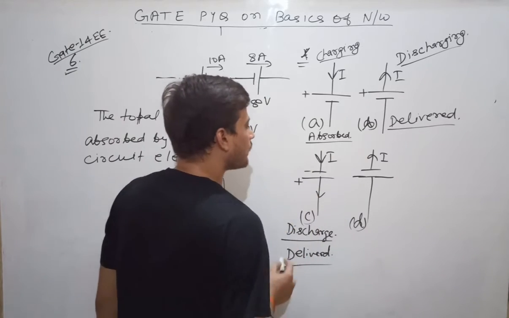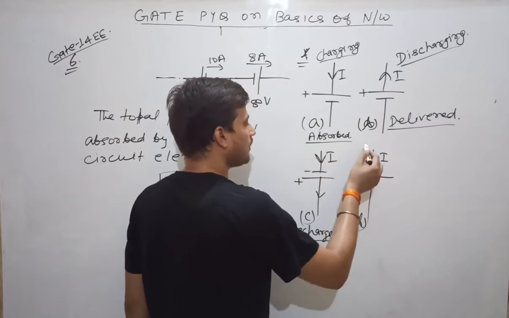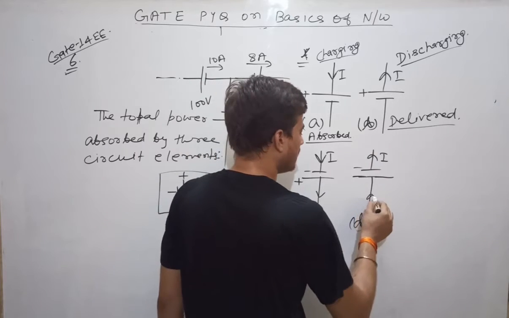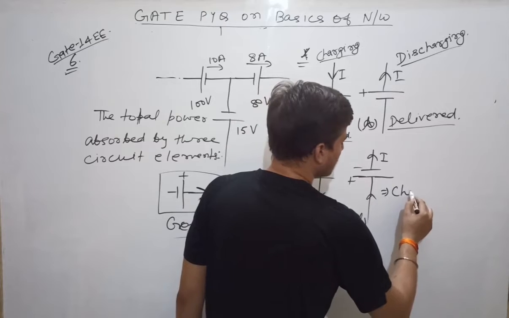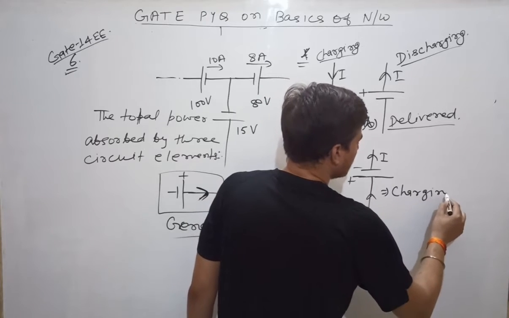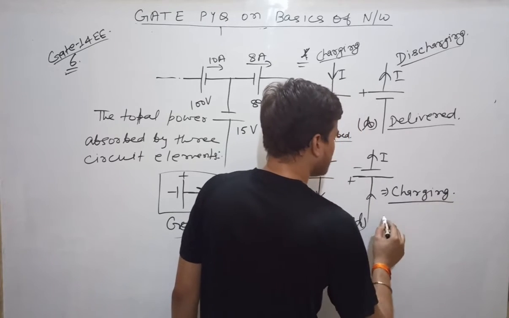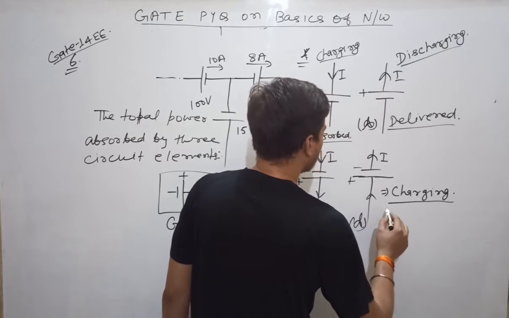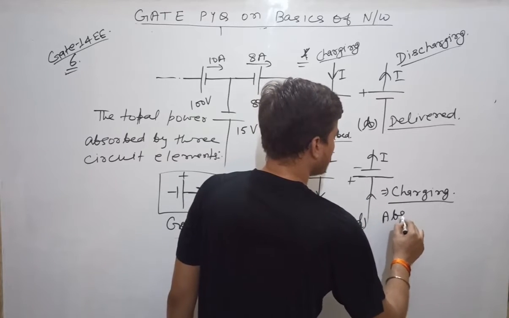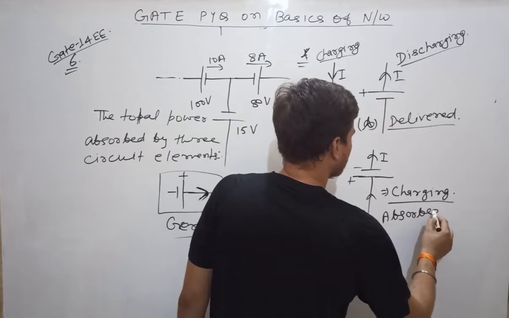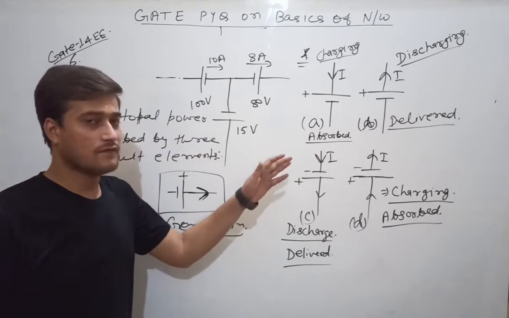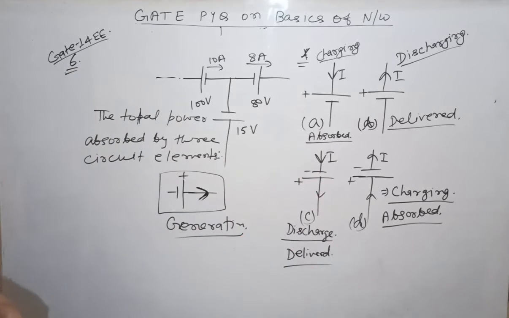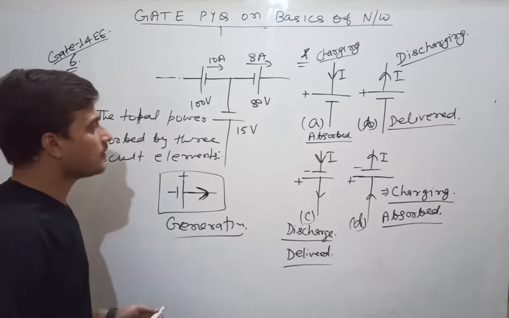Similarly, in the fourth condition, current is coming out through the negative terminal, that means current is entering the positive terminal. Entering means it is charging mode, and if it is in charging mode, then power is being absorbed by the battery. Clear? This is a very, very important point.